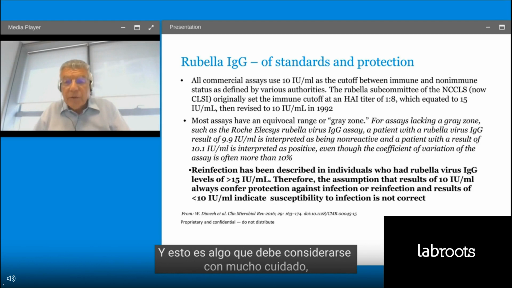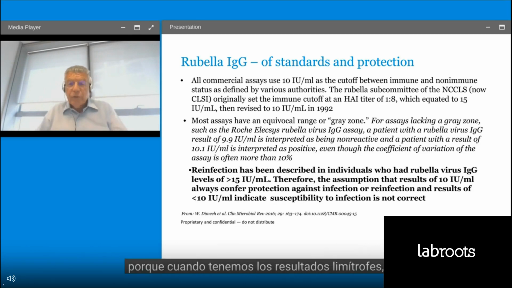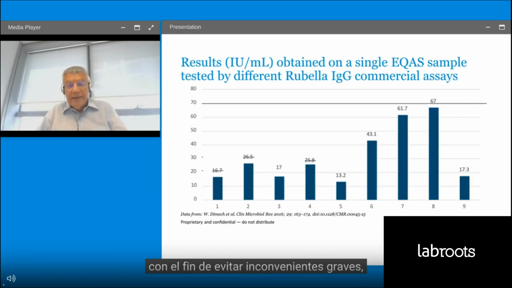And this is something to be considered very carefully, because when we have borderline results, we should be very careful to state that the person is immune. It would be much safer, if testing is performed as it should be even before pregnancy, to recommend a further vaccine dose in order to avoid serious inconveniences from the person not being protected.